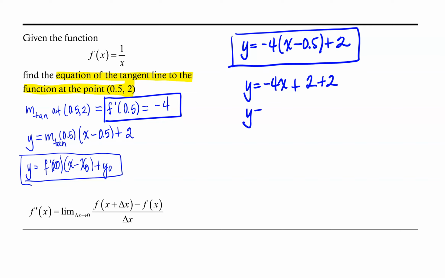So we would get y equals -4x plus 4, another perfectly acceptable way to express the equation of the tangent line. I hope this helps.